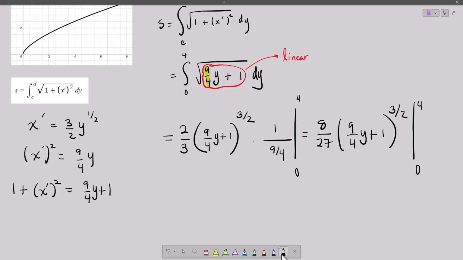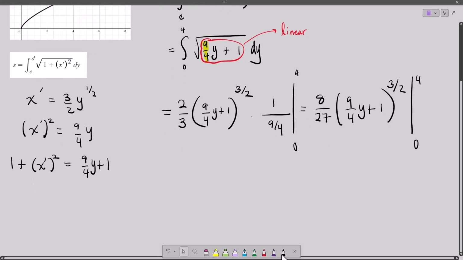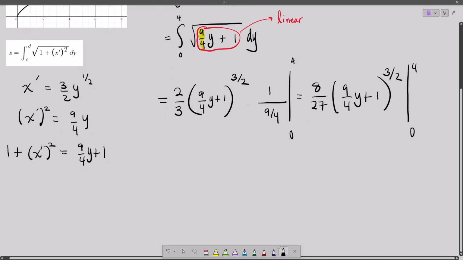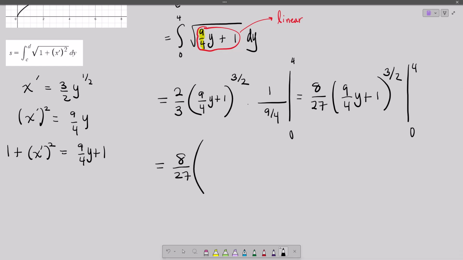Zero does give something here. A lot of times we plug in 0 and it doesn't matter. We get 0, but here it matters. So we've got to be a little careful. So we have the 8/27 out in front. And then we're going to have brackets, parentheses. Plug in the 4. 4 cancels, we get 9 plus 1 to the 3/2. So that's 10 to the 3/2.